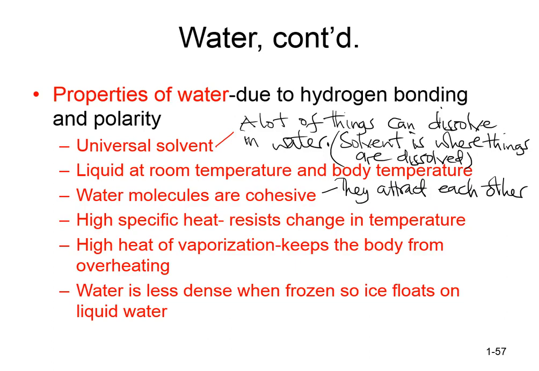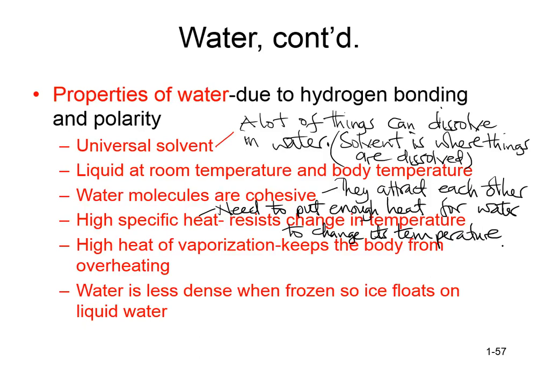And they have high specific heat. So you need to put a lot of heat for water to change its temperature. That's what it means. So you need to put enough heat for water to change its temperature.